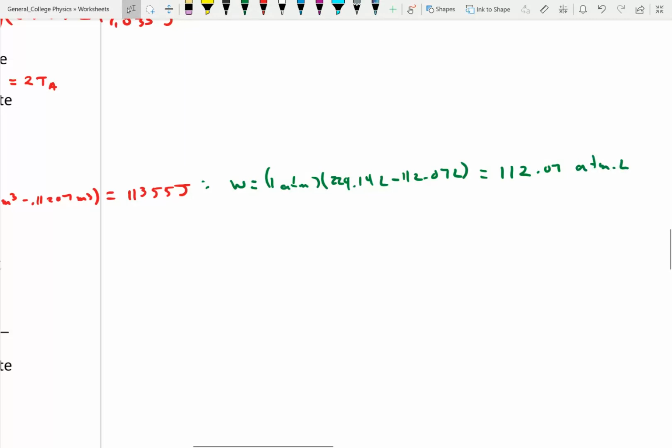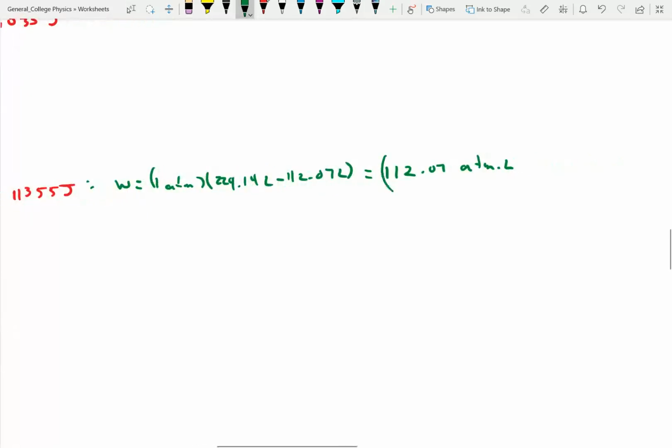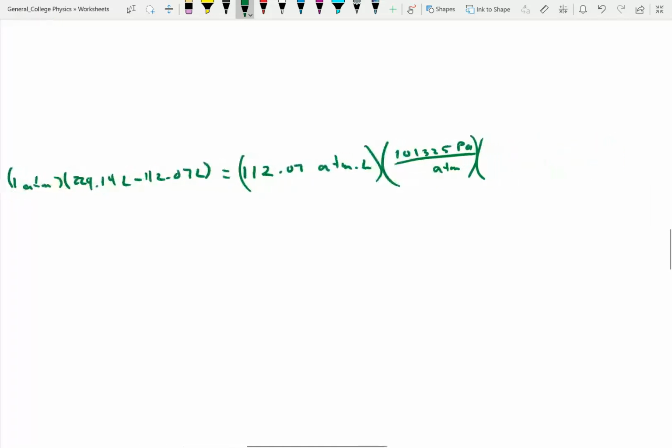Well, an atmosphere times liter is not a standard unit of energy. So we have to multiply it by our conversion factor, which is 101325 pascals per atmosphere, and 1 meter cubed per 1,000 liters.